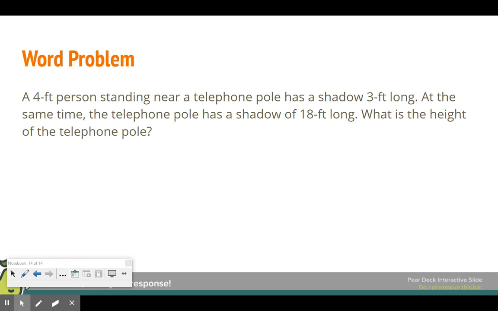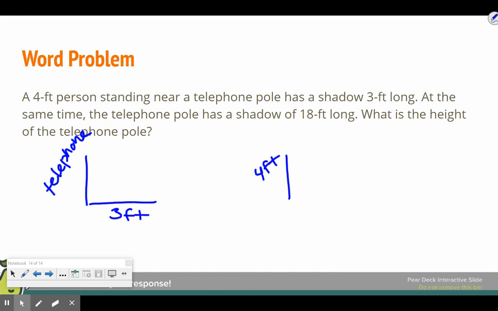All right, next and final one: we have a 4-foot person standing near a telephone pole. The person has a shadow of 3 feet long. At the same time, the telephone pole has a shadow of 18 feet.